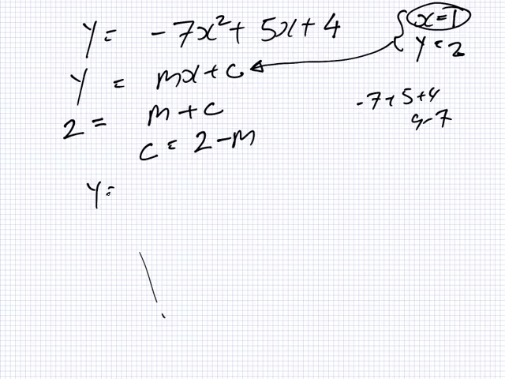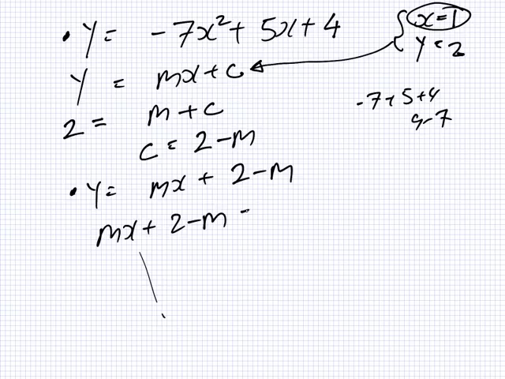So I get y equals mx plus 2 minus m. If I solve this and this together, I should have only one answer. mx plus 2 minus m should equal minus 7x squared plus 5x plus 4.